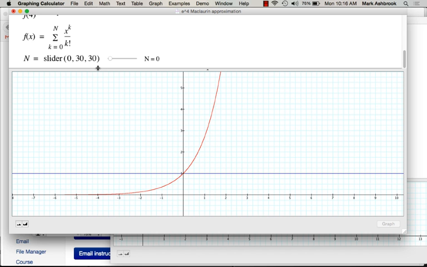I've got capital N set at 0, which means I'm not showing the whole Maclaurin series, I'm just showing the sum for k equals 0 to 0 of x to the k. And what is that? It's just the first term of the series, or 1.